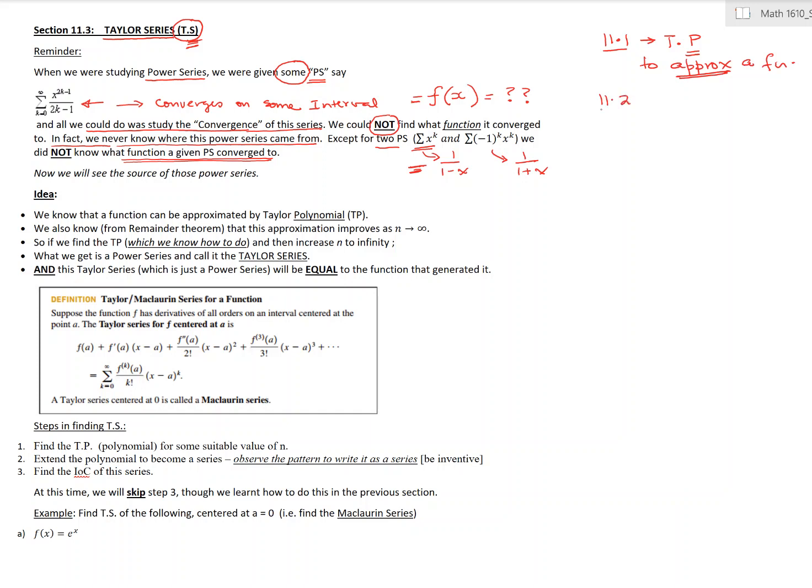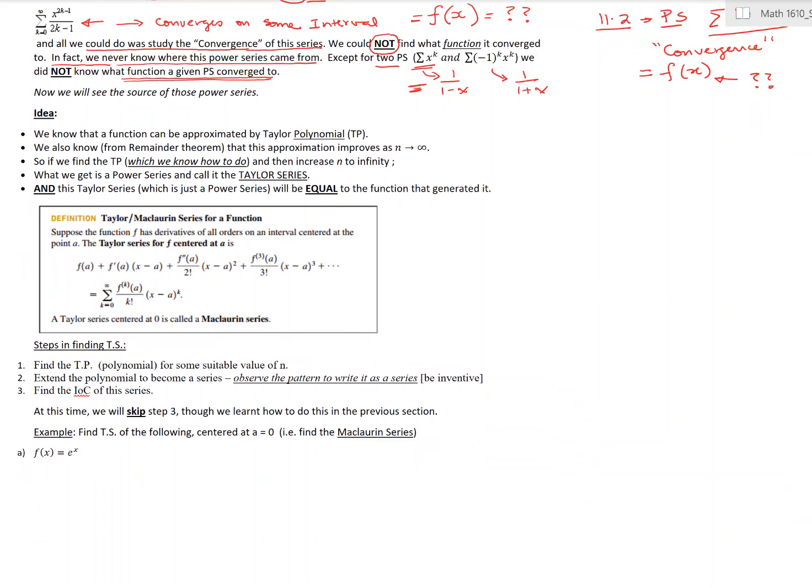Then in the next section we studied power series, which was something given to us, and all that we did was study the convergence. But as I explained all along, when a power series converges, it converges to a function of x. And what this function is, is something we didn't worry about.